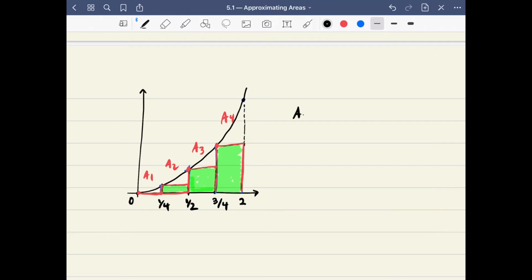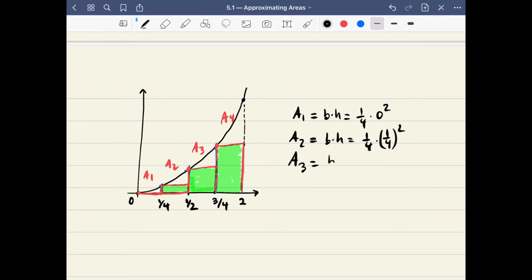So the first area is equal to, again, base times height. So the base is, again, 1 over 4, and the height is just 0 squared. And then the second area is base times height again, which is 1 over 4 times the left endpoint of the second interval, so 1 over 4 squared.